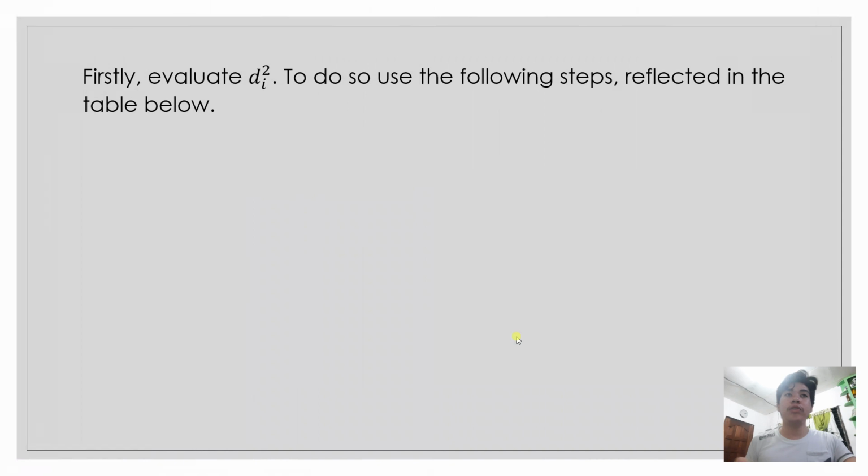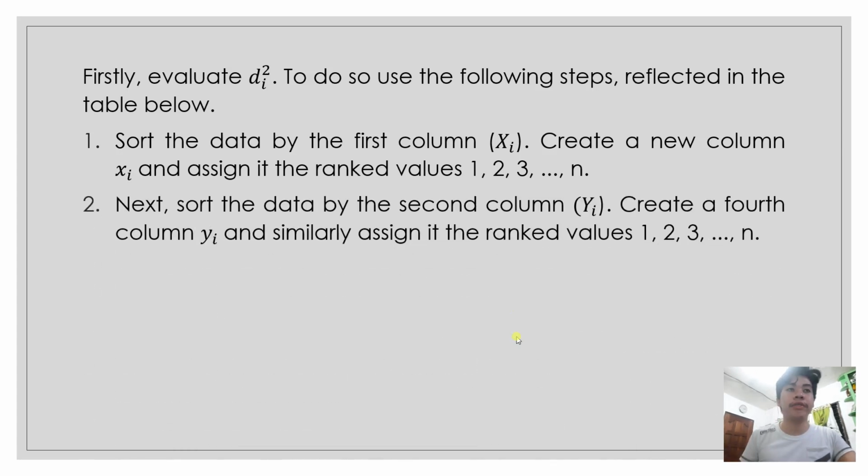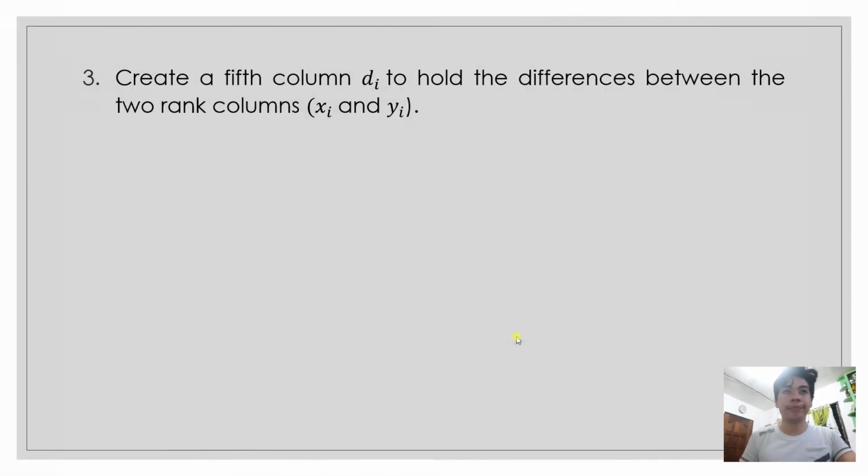Firstly, we need to evaluate the difference between the two rank observations. To do so, use the following steps reflected in the table below. First, sort the data by the first column, or the x, then create a column x sub i and assign the rank values as 1, 2, 3, and so forth. Next, sort the data by the second column, our second variable, create a fourth column, y sub i, and similarly assign the rank values as 1, 2, 3, and so forth.